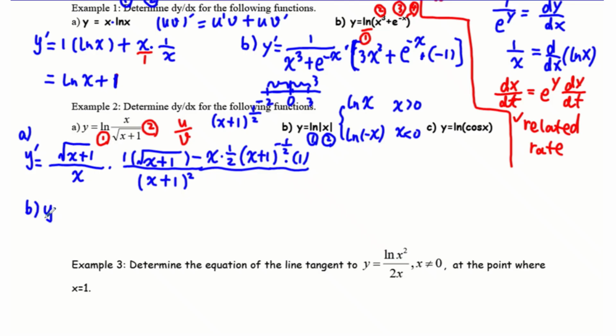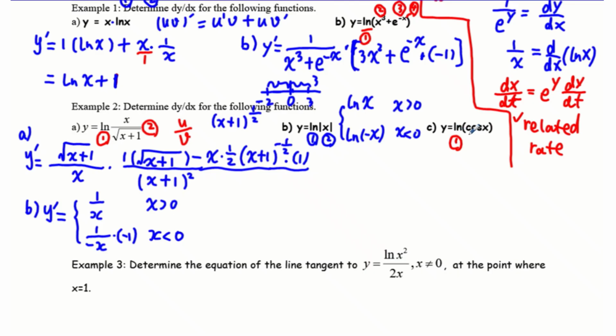So y prime, or dy over dx. When x is greater than 0, the derivative of ln x is just 1 over x. When x is less than 0, the derivative of this one is flip it, -x, then also do the derivative of -x, which is -1. So actually they are the same. It will be 1 over x. Then the last one, we need to see which one we do first.